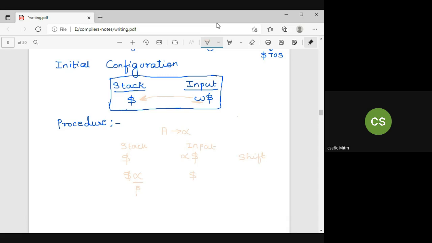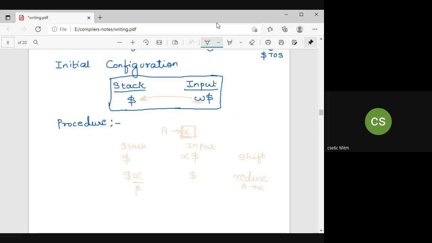If this beta matches the production rule, then you're going to do the reduce operation. Reduce by what? Reduce by A goes to alpha.